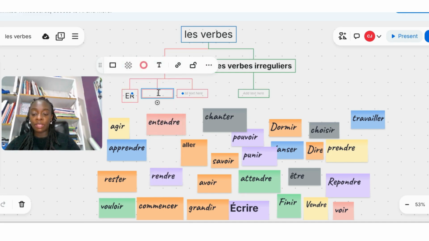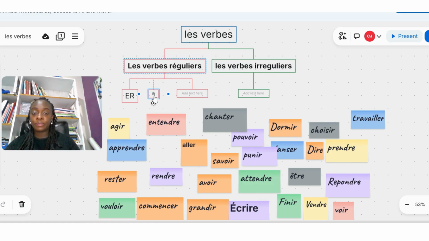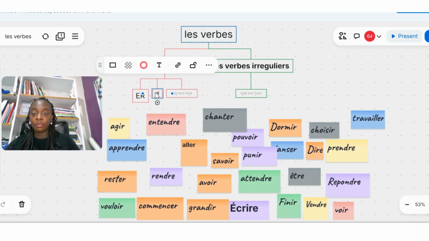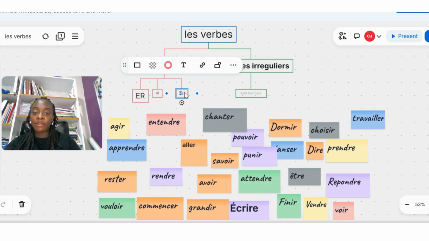Deuxième groupe, on a les verbes qui se terminent en IR, verbs that end in IR, which become the second group. Un troisième groupe, on a les verbes qui se terminent en RE, RE verbs.